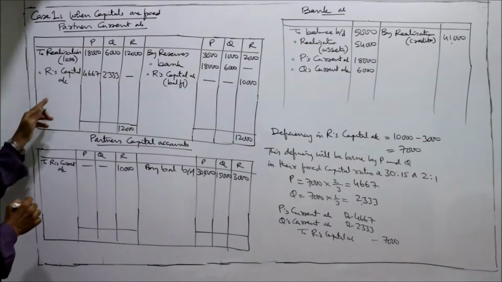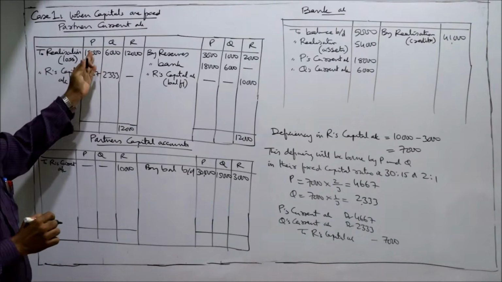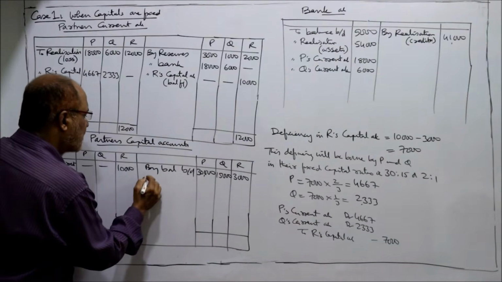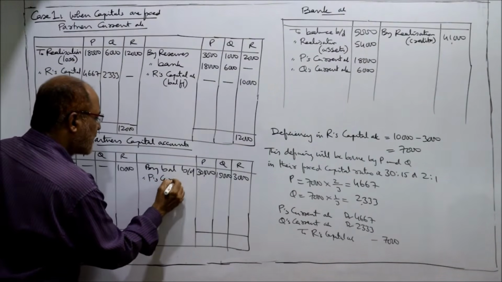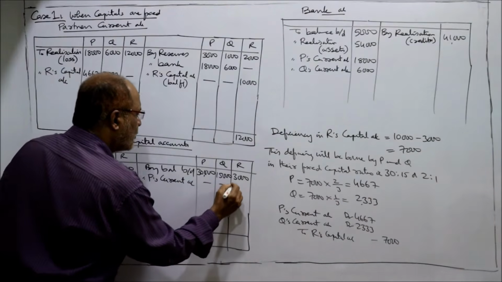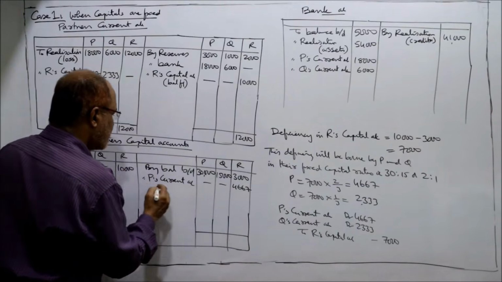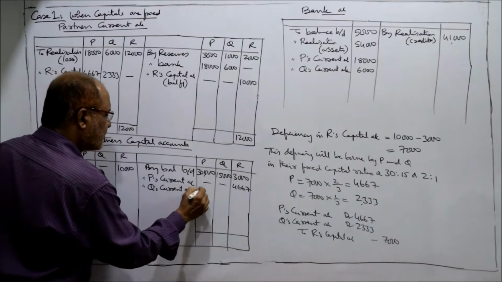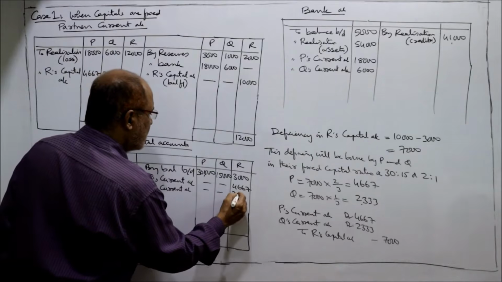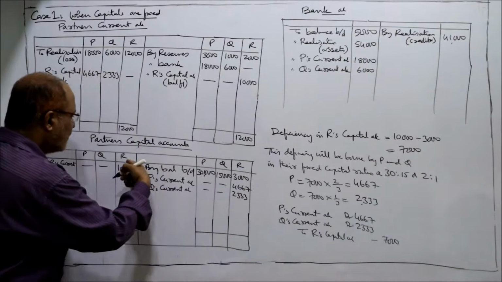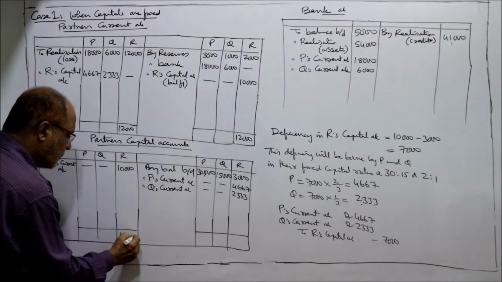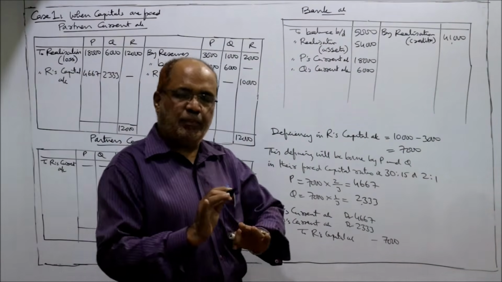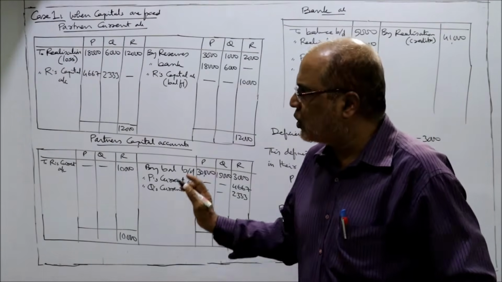So P's current account debit, Q's current account debit to R's capital. तो R's capital को credit करेंगे by P's current account 4,667, by Q's current account 2,333. Now what will happen? R's account will be completely closed. R की जो deficiency थी वो P और Q bear कर लिए, R का account close हो गया.